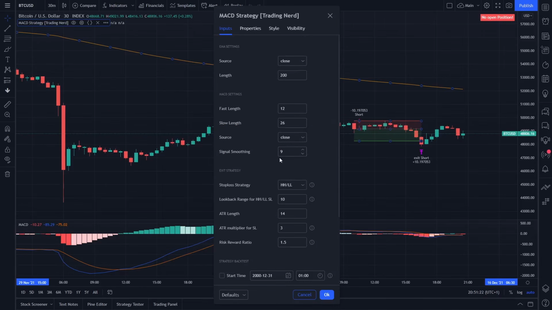To select our stop loss strategy, we go to the exit strategy section of the script settings and choose for the stop loss strategy either HHLL for highest high lowest low or ATR for the ATR based stop loss. Below that, we can change the lookback length of each strategy and also the ATR multiplier.